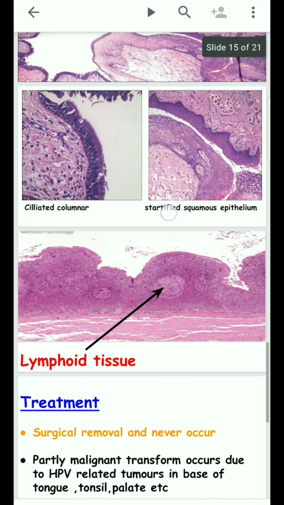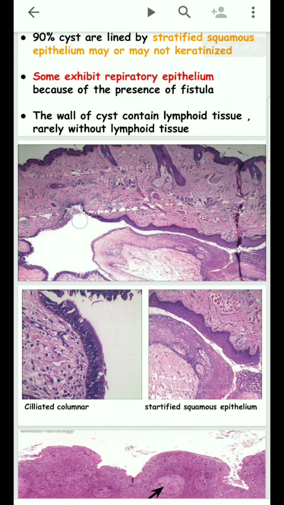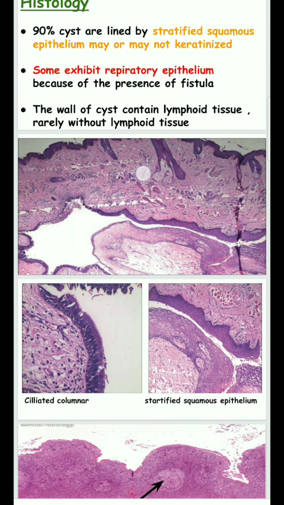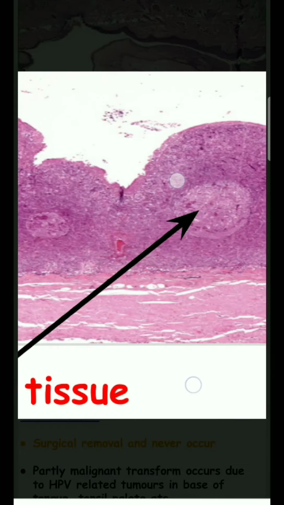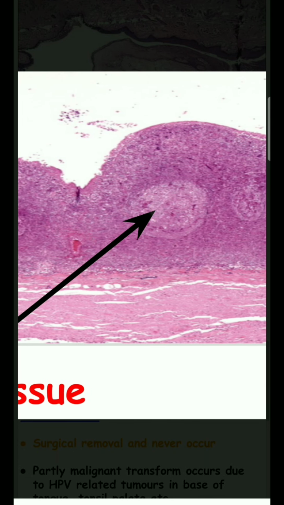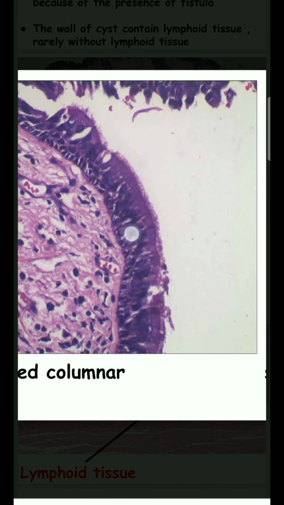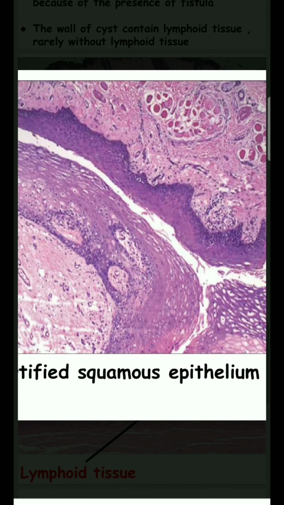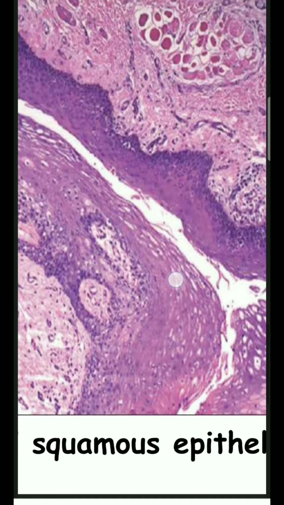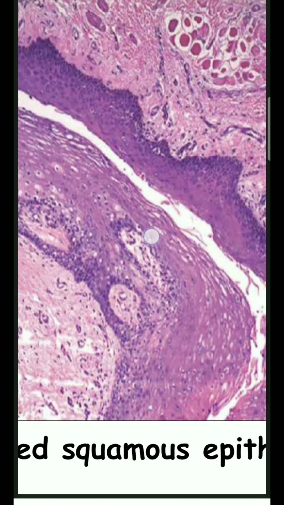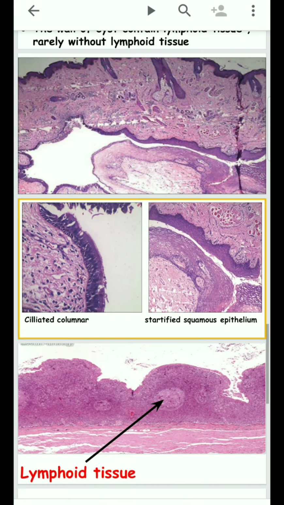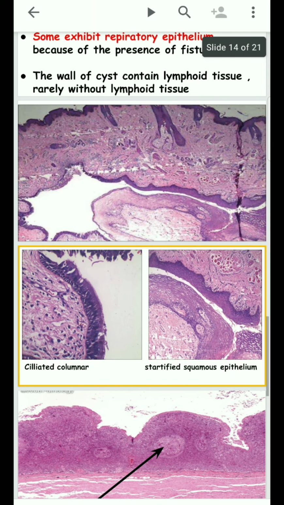Here is the cyst, and here is the wall of the cyst containing lymphoid tissue. This is the ciliated columnar epithelium, and this is the stratified squamous epithelium, where keratinization occurs. This is the cyst part.